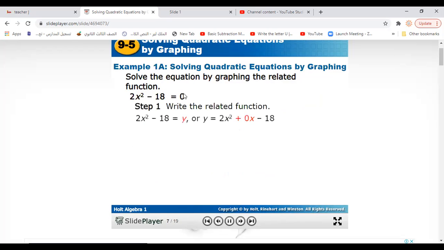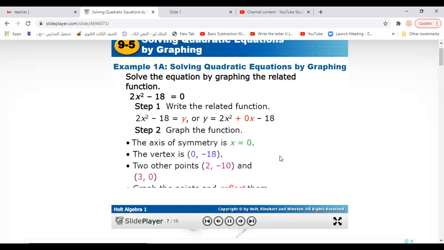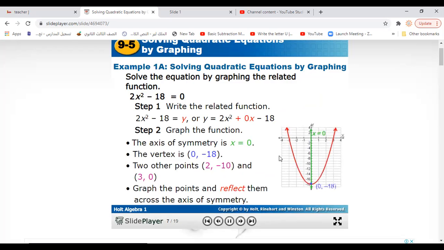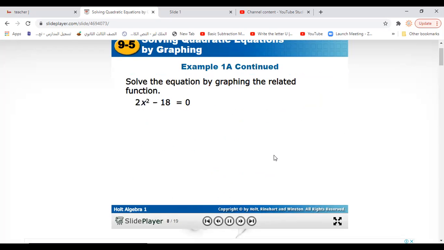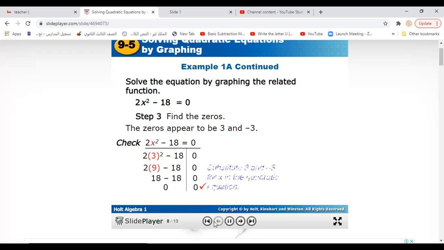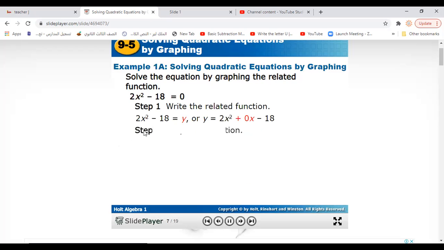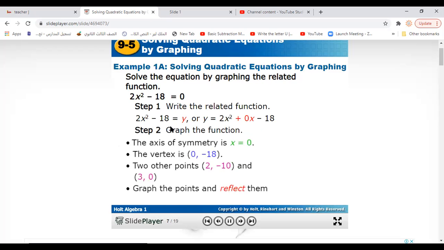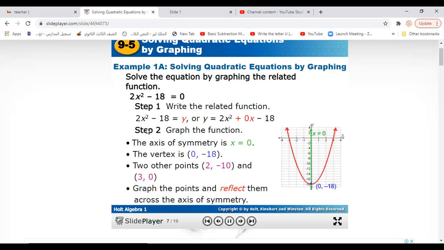Solve the equation by graphing the related function 2x squared minus 18 equal 0. So we will try to find an ordered pair. Write the related function. So it will be 2x squared minus 18 equal y, or y equal 2x squared plus 0x minus 18.